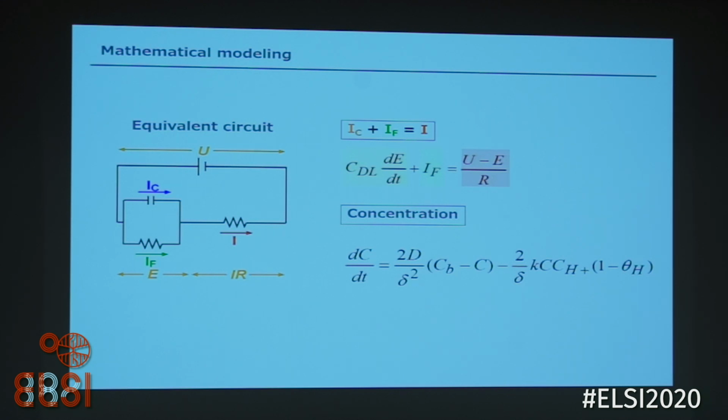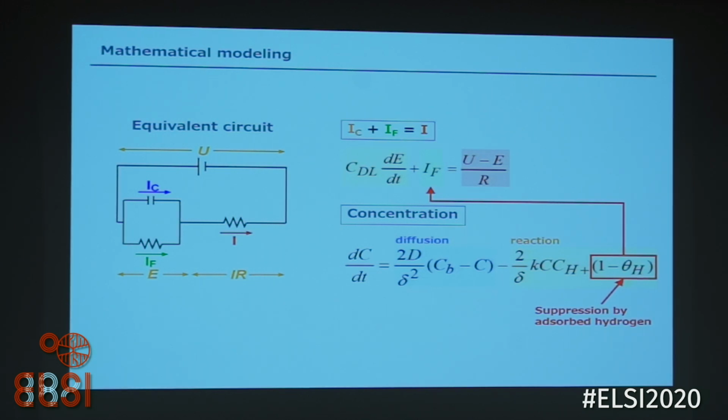So now we have one differential equation. Another differential equation is about the concentration. Its first term is for diffusion, the second term is for reaction. And in this system, the reaction is suppressed by adsorbed hydrogen. So here the inhibiting effects are taken into consideration. And of course, this is also included in the Faraday current. This is a very simple equation.